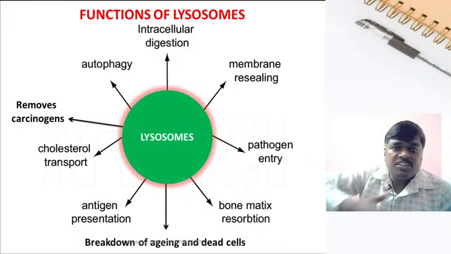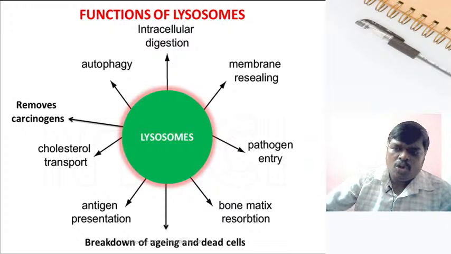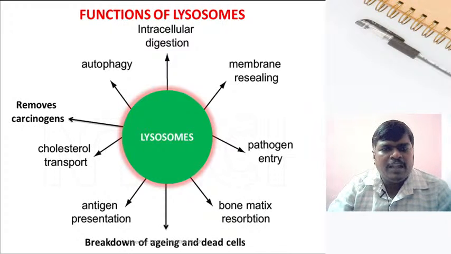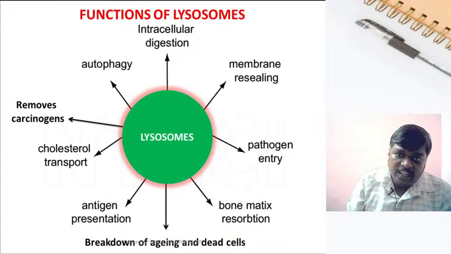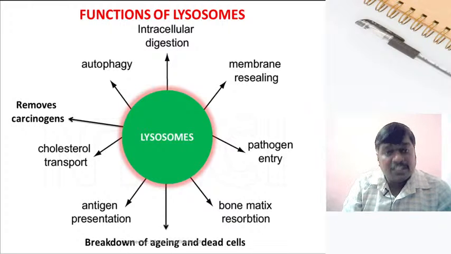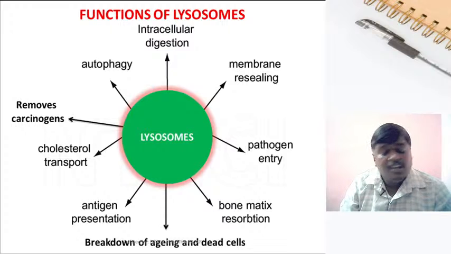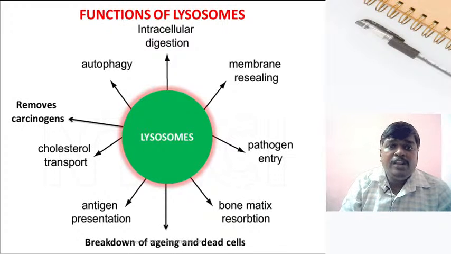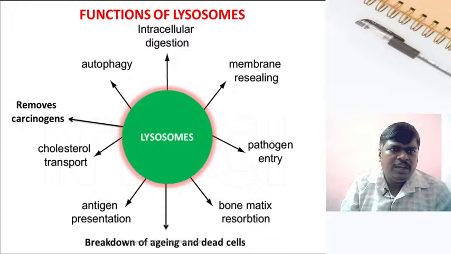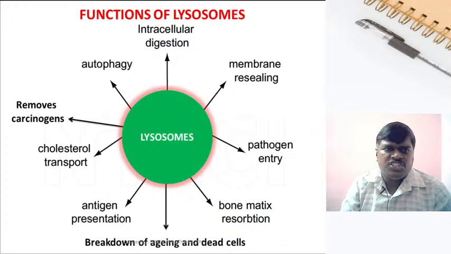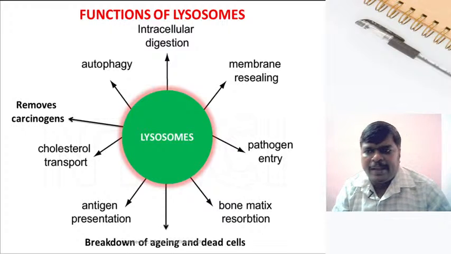For example, I have listed so many functions here. All these functions are carried out by the lysosomes. Along with that, if they are able to remove the carcinogen, that is fine. But the primary function of lysosome is not to remove the carcinogens. It is mainly intracellular digestion and controlling pathogen entry.